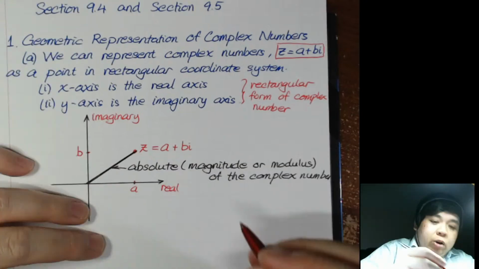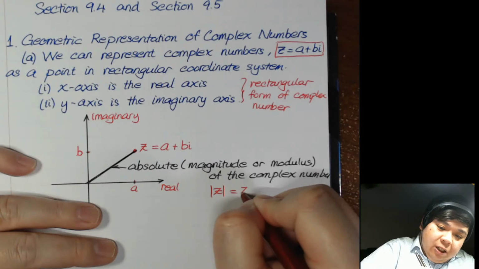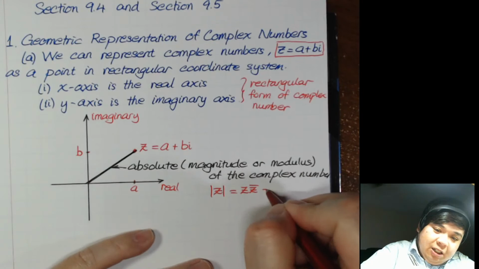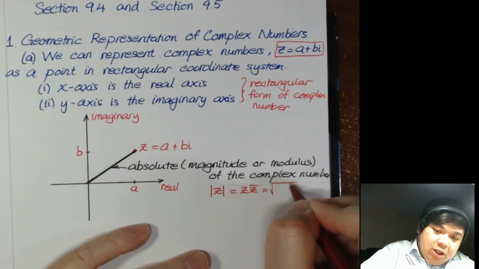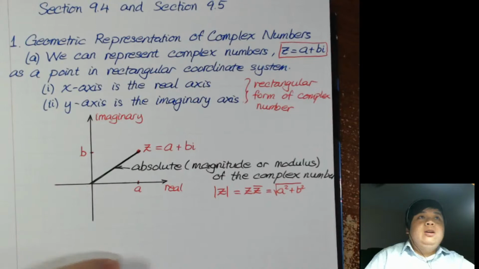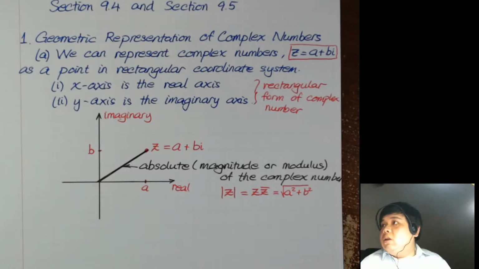And we write that |z| is equal to the square root of z times the complex conjugate of z, which is the square root of a squared plus b squared. Right. That is in the rectangular form of a complex number.